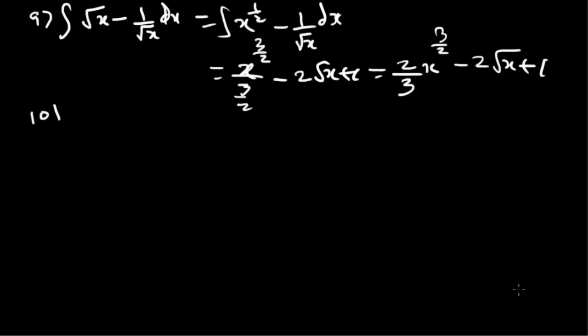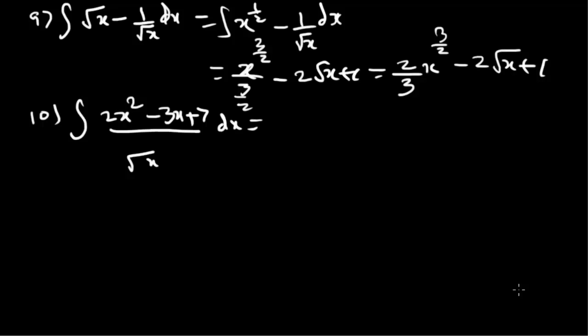Now we take up the 10th problem. Integral 2x squared minus 3x plus 7, whole divided by root x, into dx. Directly, there is a numerator as well as a denominator, so we cannot work it out directly. So term by term we divide the integral.